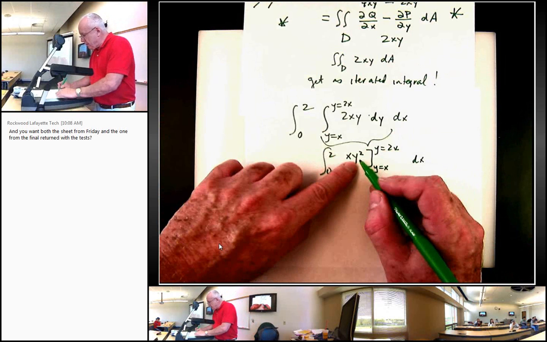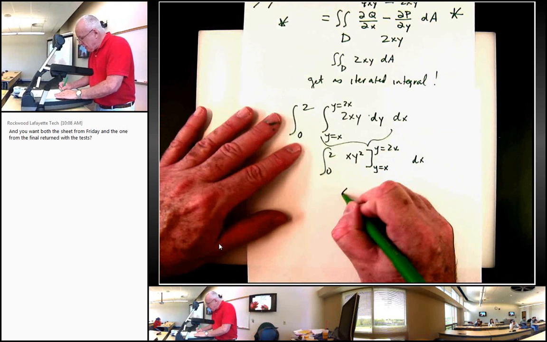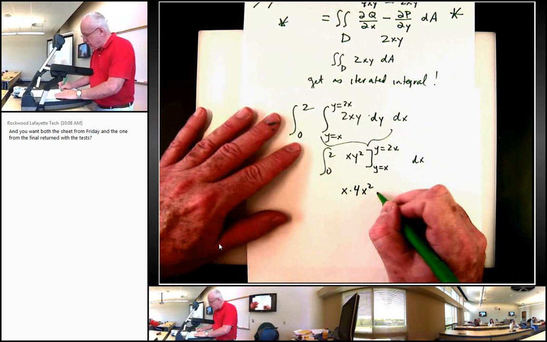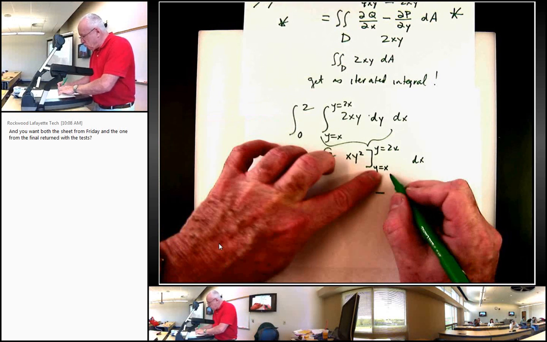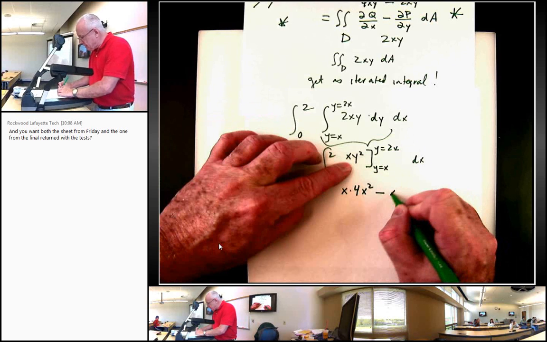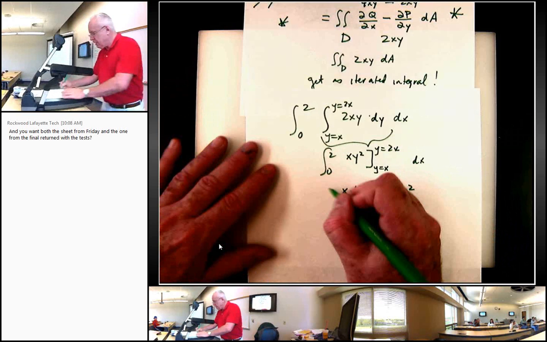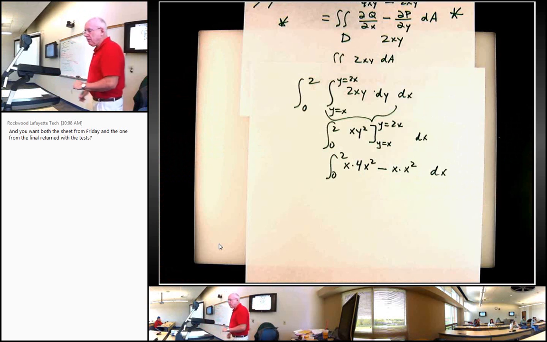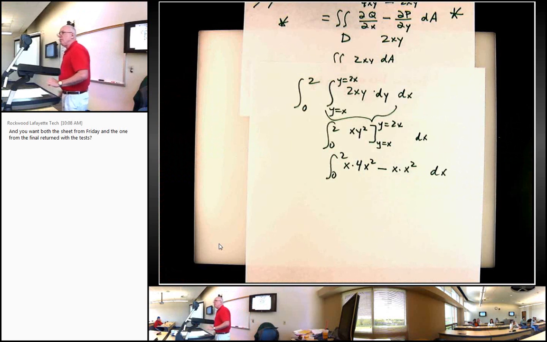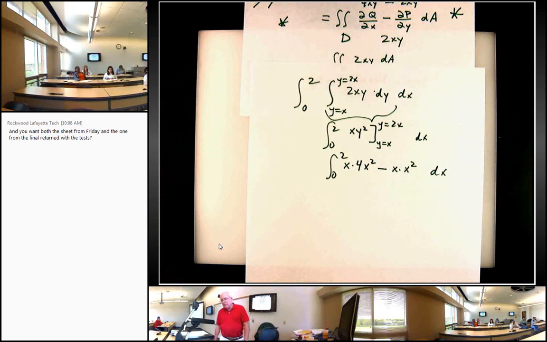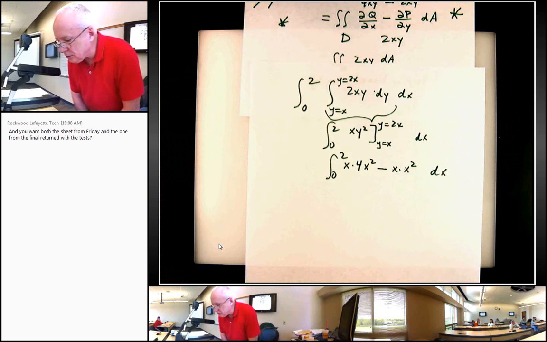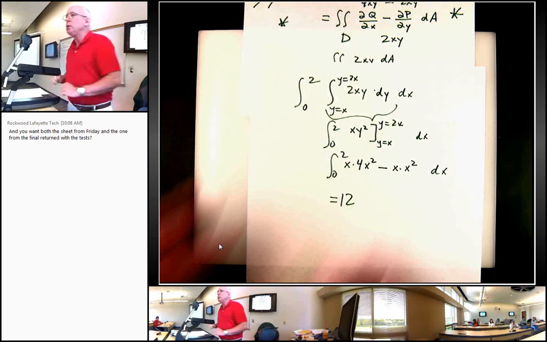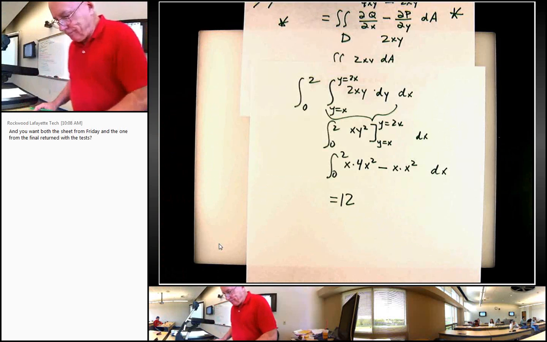I'm squaring that, so that's going to be x times 4x squared on top. The bottom one is y equals x, so that's x times x squared. And that's from 0 to 2 dx. I don't think we need to go any further. What is the final answer? The final answer is the number 12. Okay, that's the final answer.